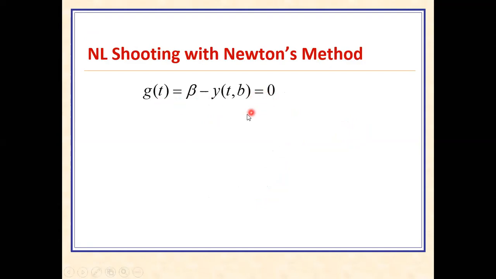An optimum value of t which will satisfy this equation would be the goal of our Newton's method. The rest of the shooting method is basically the solution of the initial value problem. So the Newton's expression for slope modification is here.